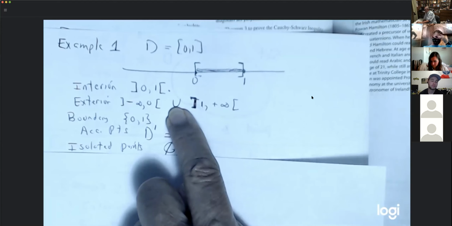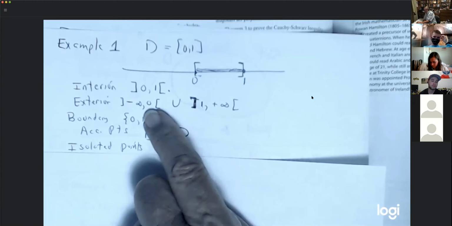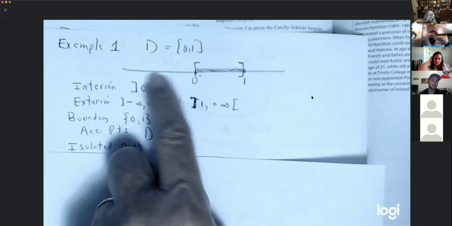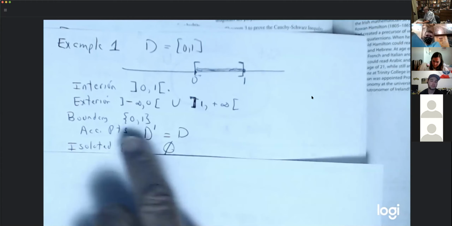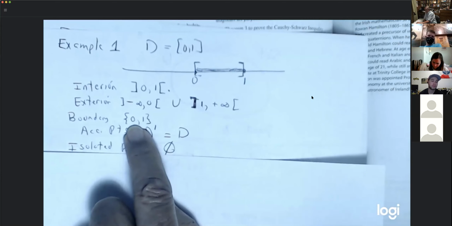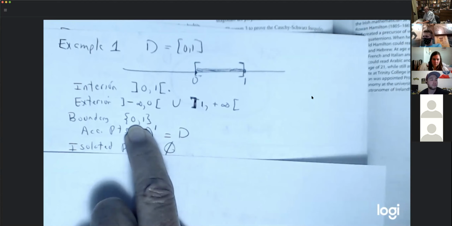The intersection would be empty. The union means everything over here or over here. What's the boundary? The boundary of this set consists of 2 numbers, 0 and 1. Those are the only numbers that every neighborhood of either one of those numbers contains something inside and something outside the set D.